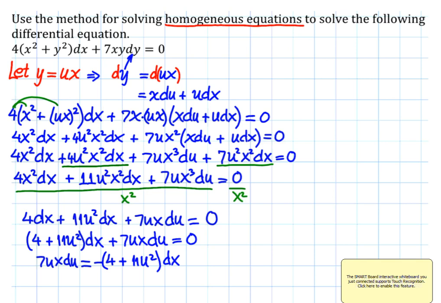Right, and then I will divide by x. I will divide by negative 4 plus 11u squared on the left and divide by x on the right.